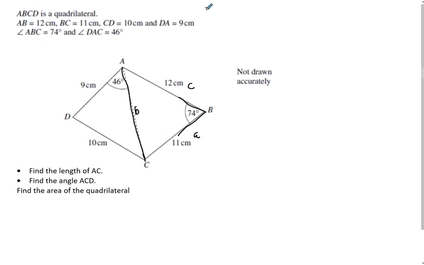So we go B squared equals 11 squared plus 12 squared minus 2 times 11 times 12 times cos 74.